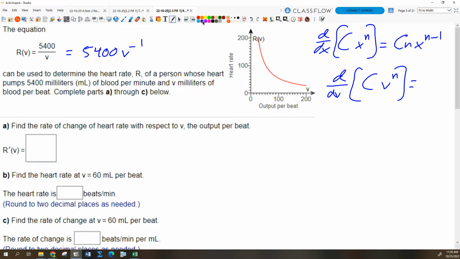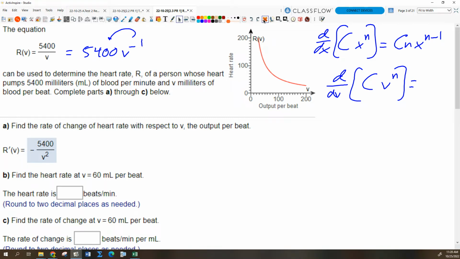To the negative 2. So I'm going to get negative 5400 V to the negative 2, which means over V squared. Okay? So now we could use this.